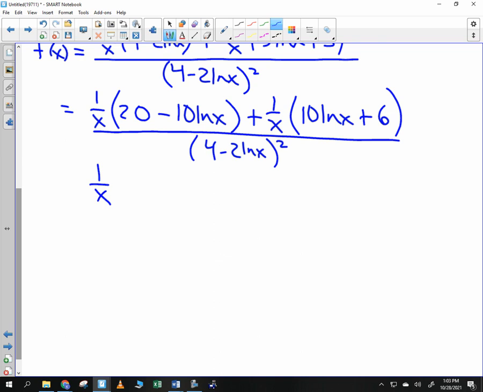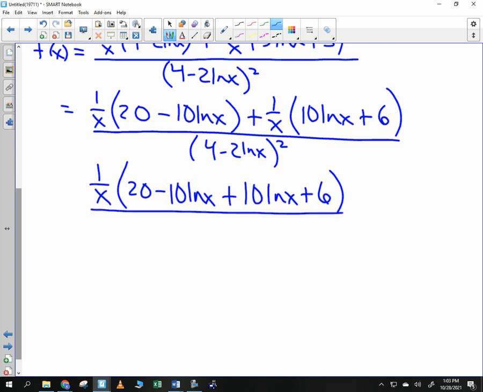So I got 1 over x times, I'm left with 20 minus 10 natural log of x plus 10 natural log of x plus 6 all over 4 minus 2 natural log of x squared.